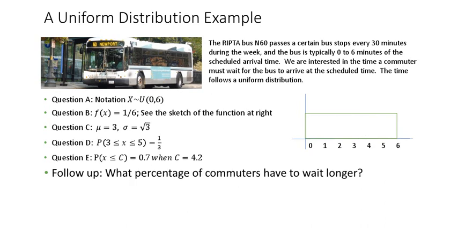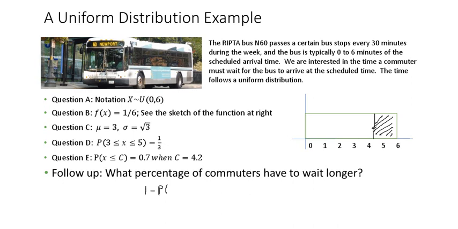Well, given that's the case, then what percentage would have to wait longer? Well, actually, that's not a hard question to answer. In this case, if we're interested in the amount that have to wait longer, the best way to think about this is that whatever percentage was less, we subtract from 1, right?